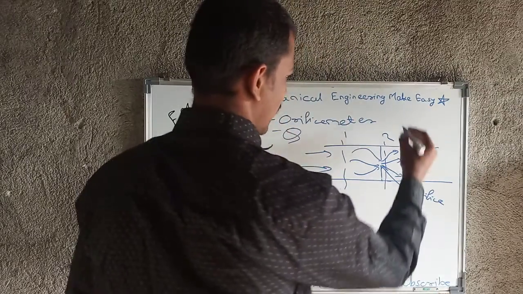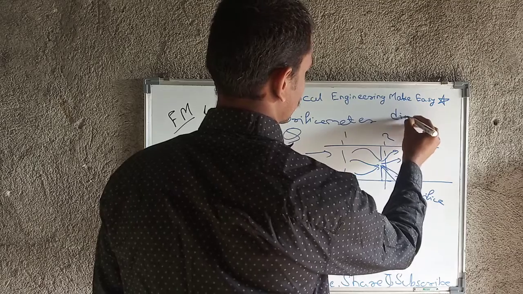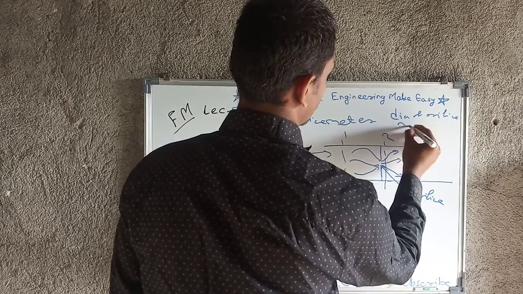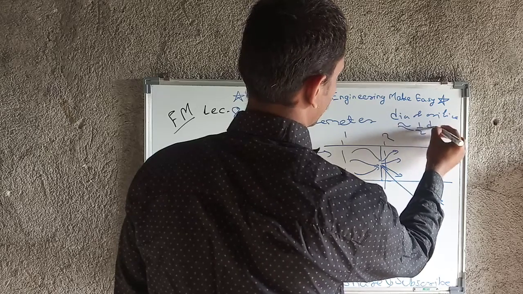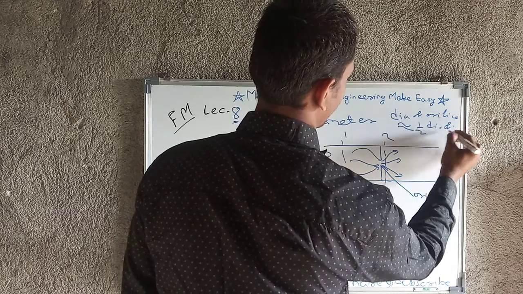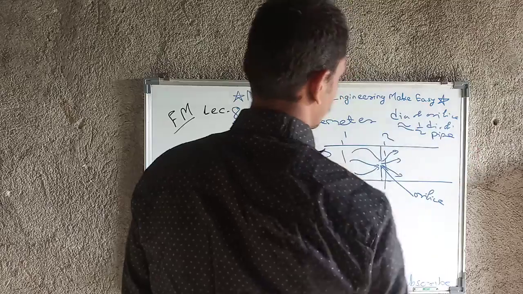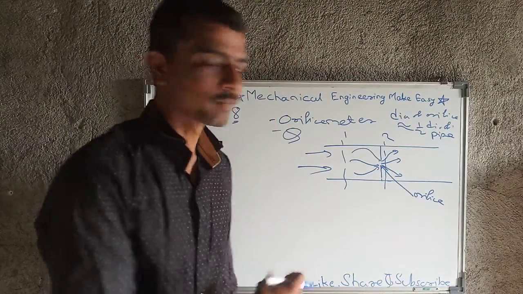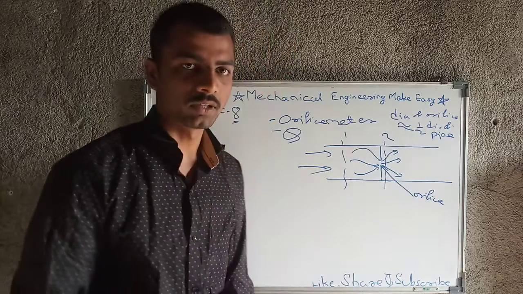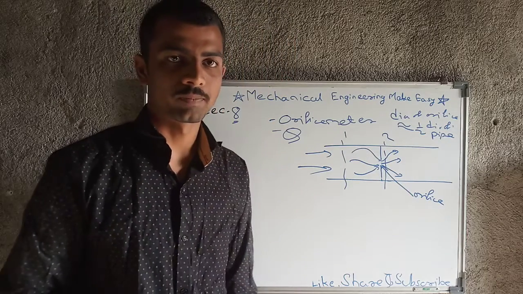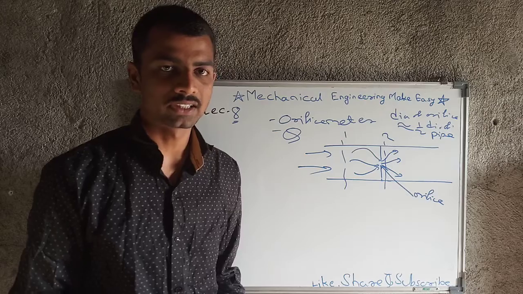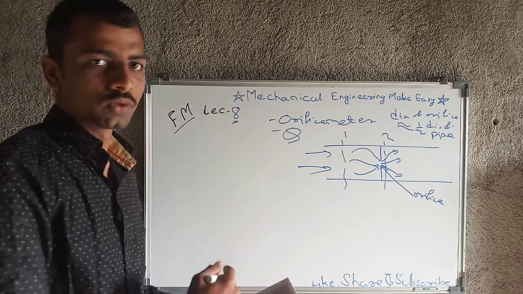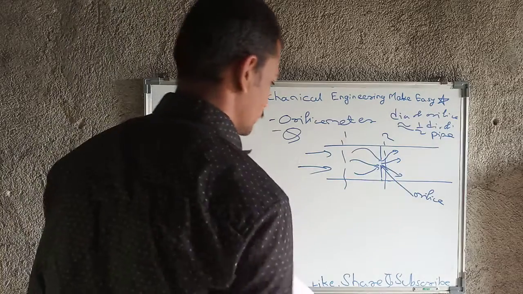and the orifice diameter is nearly equal to half of the diameter of pipe. Okay, means assume that if the diameter of pipe is 10 mm, then ultimately the orifice diameter will be in the range of 5 mm. That may change according to application or according to designer's point of view, but it is nearly equal to half of the diameter of pipe.